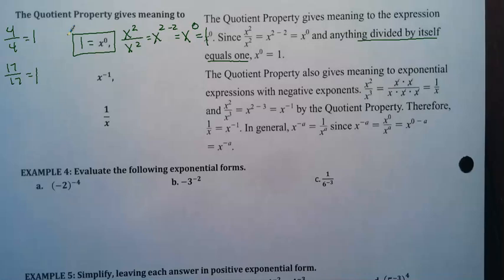Okay, then the quotient property also gives meaning to exponential expressions with negative exponents. Okay, so again, I'll kind of walk through this one with you. If we have x squared divided by x cubed, we kind of looked at this earlier. X squared means I have x times x, and then x cubed means I have x times x times x. We talked about some canceling, right?